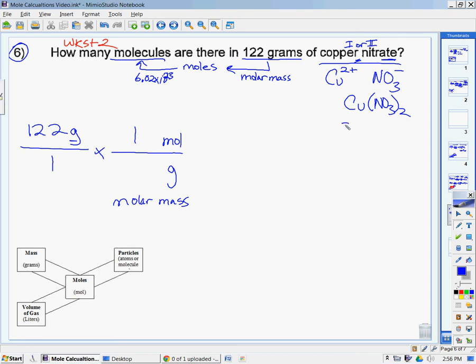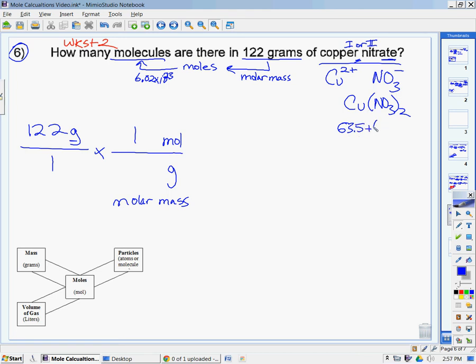All right, we need to add up the molar mass of this. Copper has a mass on the periodic table. If you look it up, it's going to be 63.55. So 63.5. And every time you switch an element, you add.